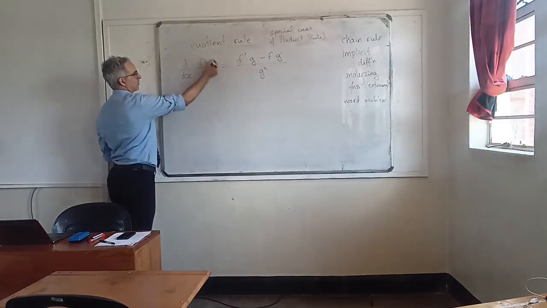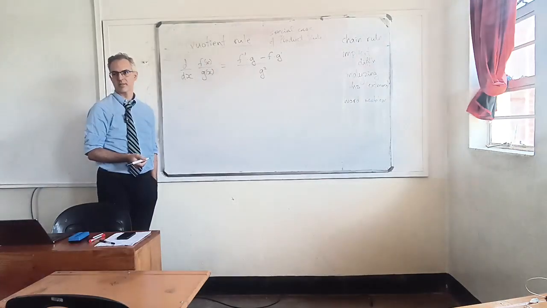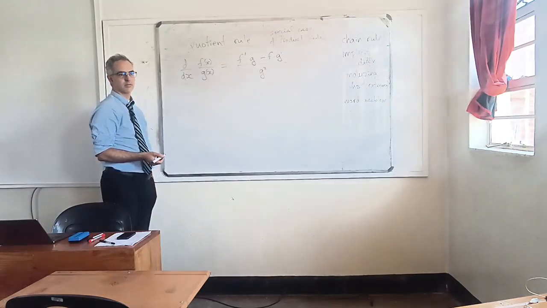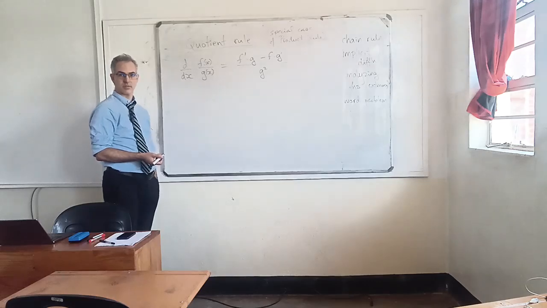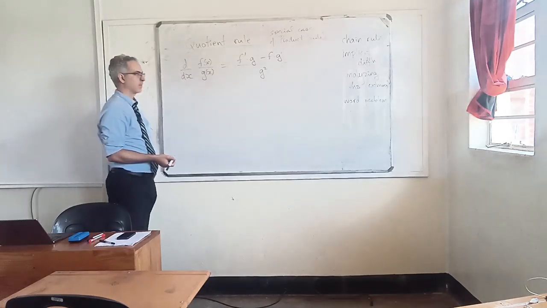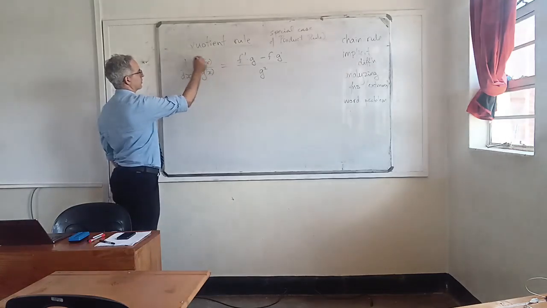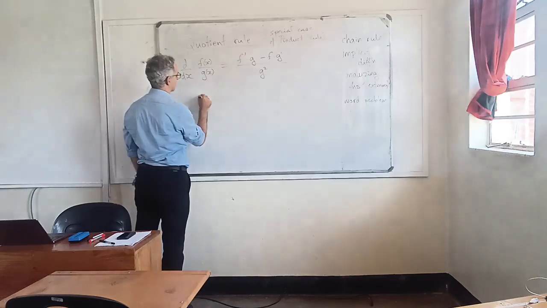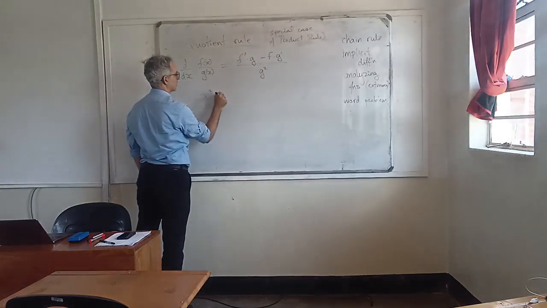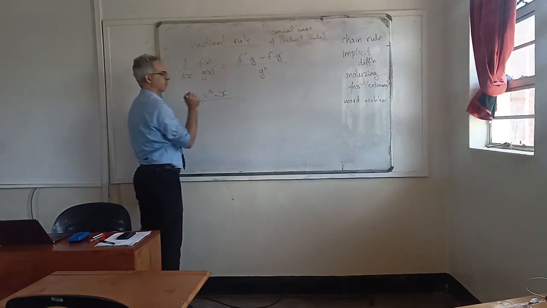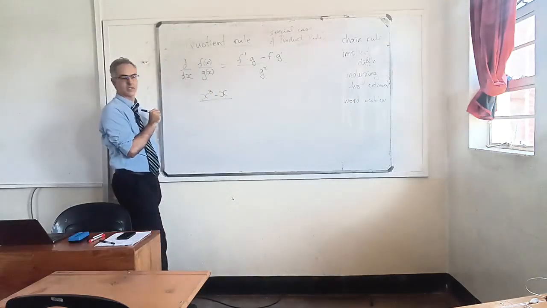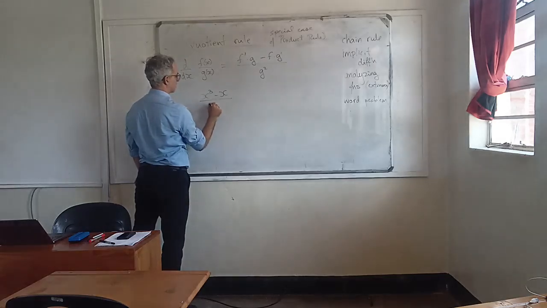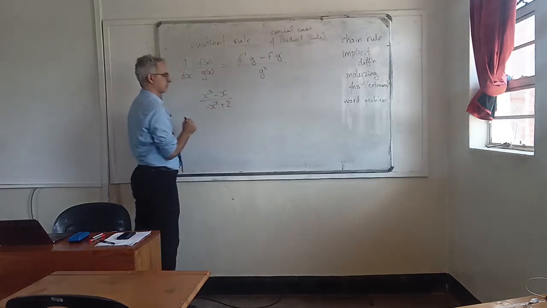So we want a ratio of two functions of x. So far, what we know are how to differentiate polynomials. Right? So let's write down a polynomial for f. Let's say x cubed minus x. This will be our f of x, divided by minus x squared plus 2.